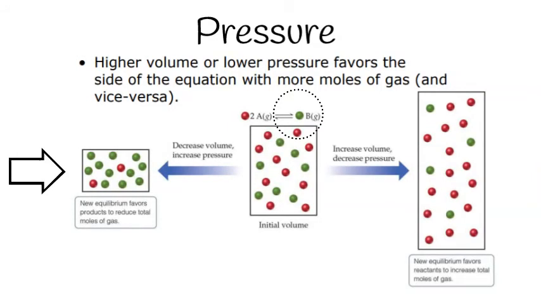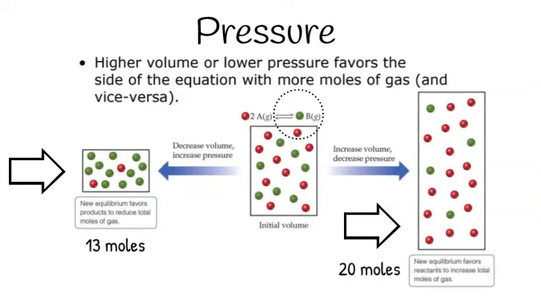And the only way it can do this is to move to the right to make fewer moles of gaseous particles, shown by forming green particles here. If you look at the other side, if we decrease the pressure, the system could only respond by moving to the left to make more moles of gas particles and increase the pressure in this way. And this is shown in this diagram with more red particles of gas.